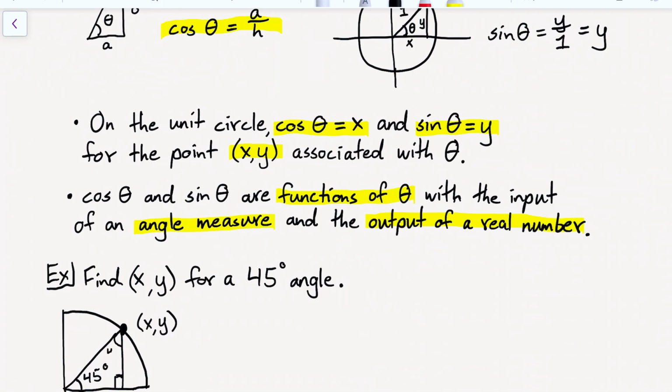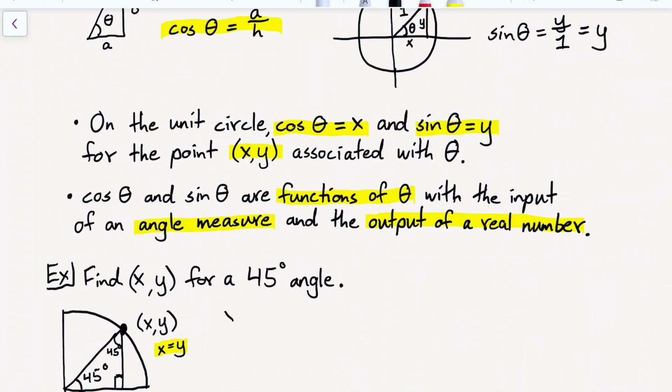This angle must also be 45 degrees. And we're using a geometry fact that because the two angle measures are the same, we're looking at a 45, 45, 90 triangle. The x value equals the y value here. The legs of the triangle are the same. So x equals y for whatever these x and y values are.